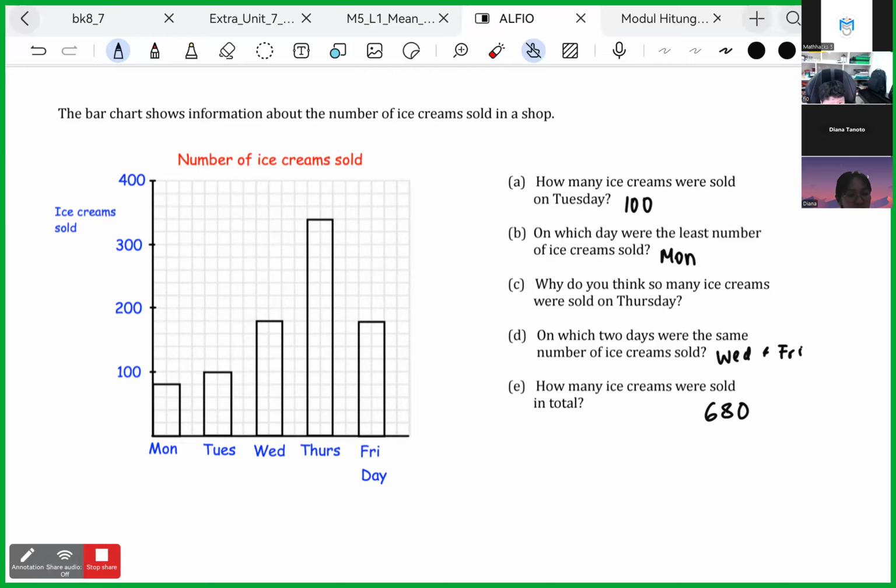The greatest number of ice cream that is sold is on Thursday. Why is it on Thursday? Why it's not Wednesday or Friday or any other day?